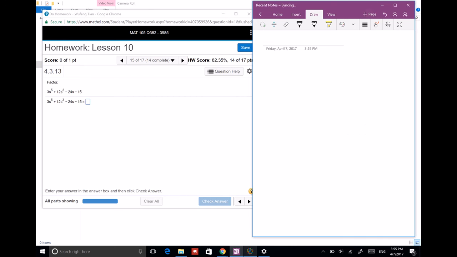Okay. Whenever you see 4 terms, you use grouping method. Right? 3s^5 plus 12s cubed minus 24s plus minus 15. So 2 groups. First group you have 3s cubed is the first group. You have s squared plus 4, the first group. Second group, the common factor is negative 3. So factor 3s^3.